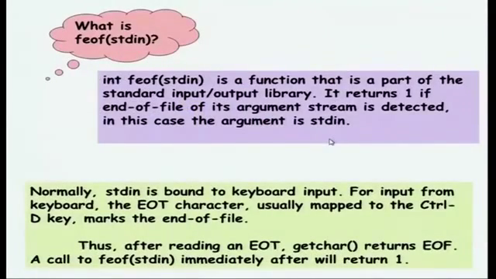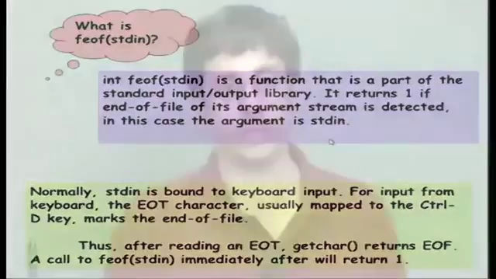Okay. So, what do we mean by the function feof? So, feof stdin is a function that is part of the stdio library. We have already used other functions from that library, for example, printf and scanf. Now, the feof function returns a value 1 if the end of file has been encountered in the input argument.